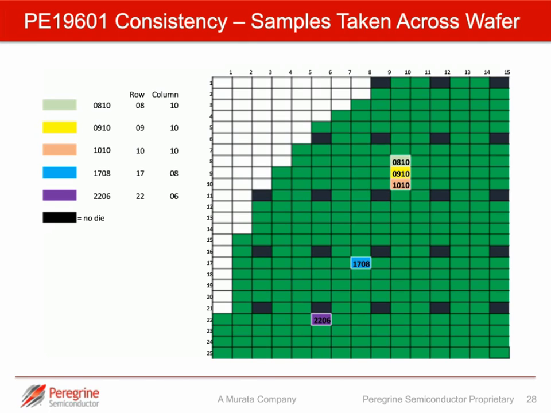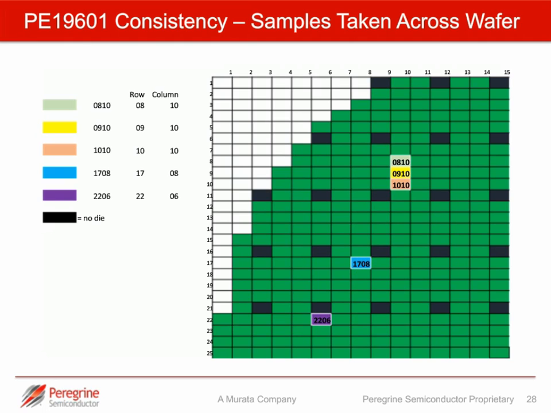If we consider for a start the device in the middle, device 1708, we decided randomly to pick it as our reference device. We measured all of the devices relative to each other, calculated a lookup table based on device 1708, and then applied it to the remaining 4 devices.